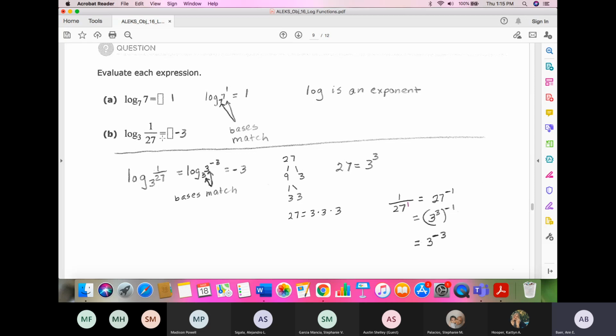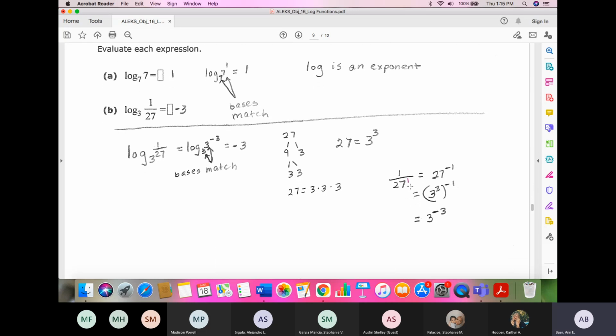I'm just looking at the argument. I put that argument of 1 over 27 right here, with a 1 there. There wouldn't have been any harm in putting it there.